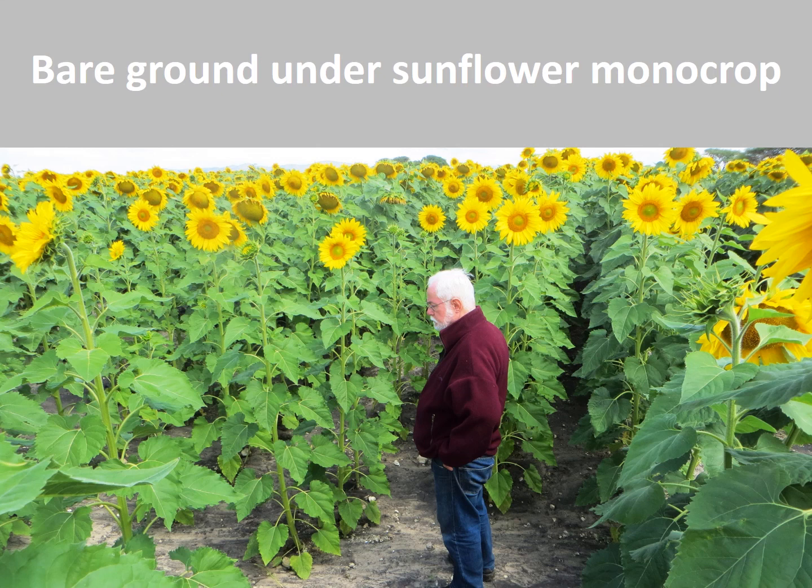In the sunflowers, they also were a monocrop. So you can see down the sunflower rows that there's bare soil. Now, once the sunflower gets up there pretty good, the sunshine is only going to hit the surface of the soil where it penetrates through the leaves.